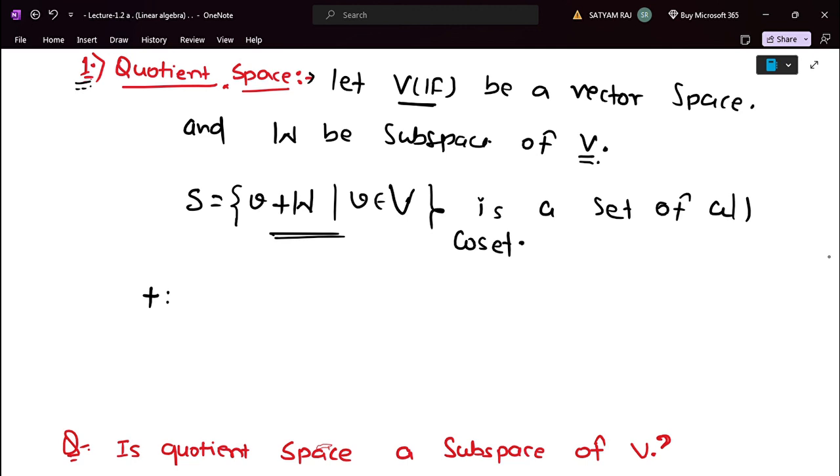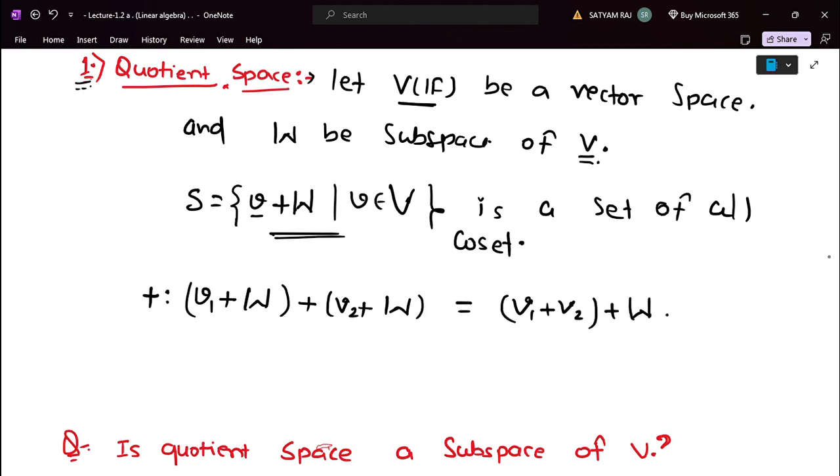For the first operation, take any elements from S. The first element will be v1 plus W, and the second will be v2 plus W, and their sum will be v1 plus v2 plus W. The plus operation is defined like this.